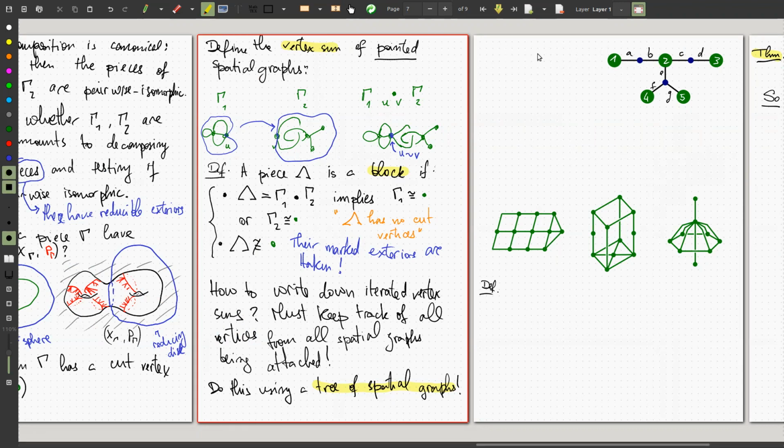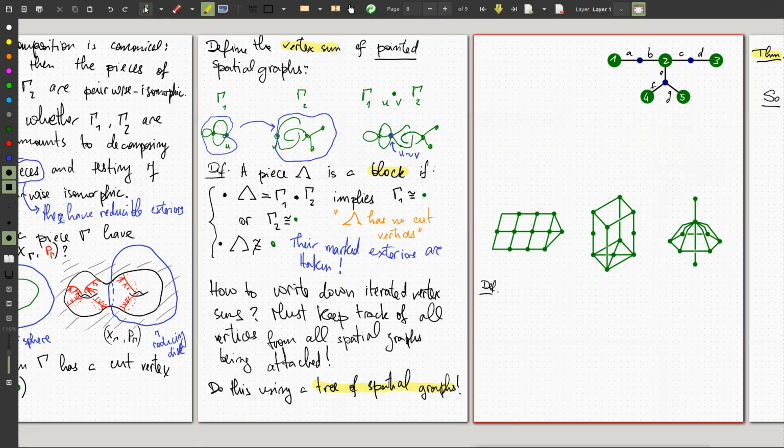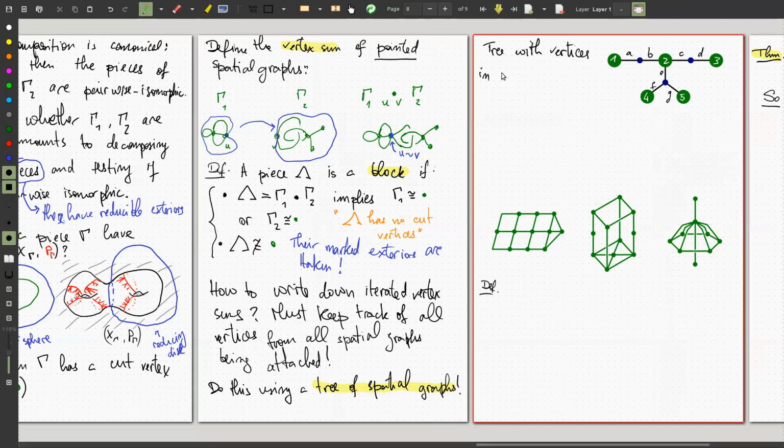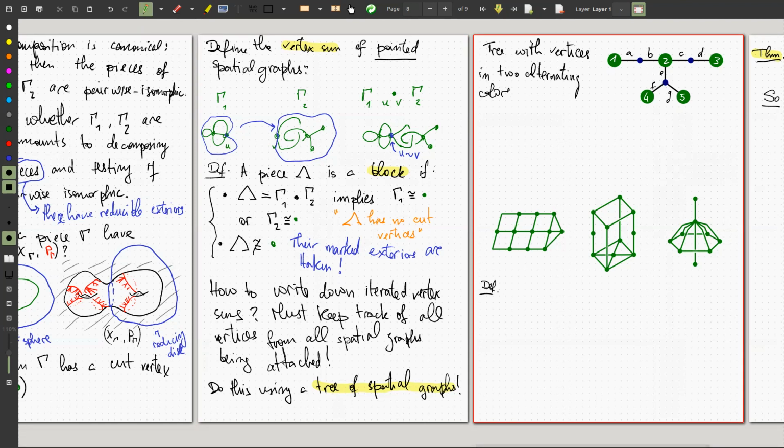What I drew here is a tree with vertices in 2 alternating colors. You see, I have the green vertices and I have the blue vertices.